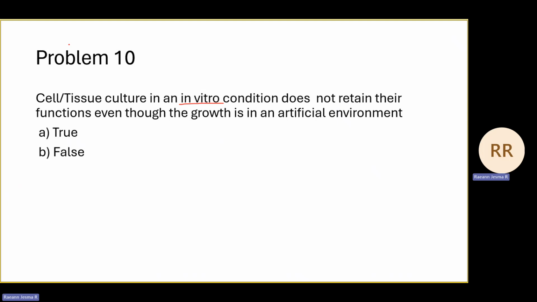Okay, so what does in vitro mean? In vitro means we are growing plant cells or tissues or animal cells with a nutritive culture medium under sterilized conditions. Okay.